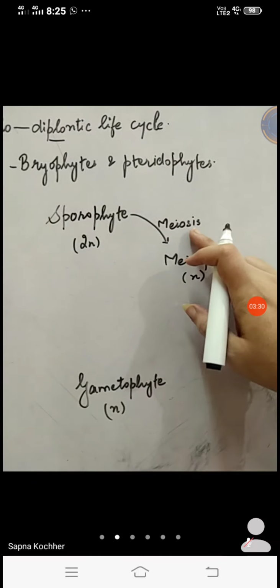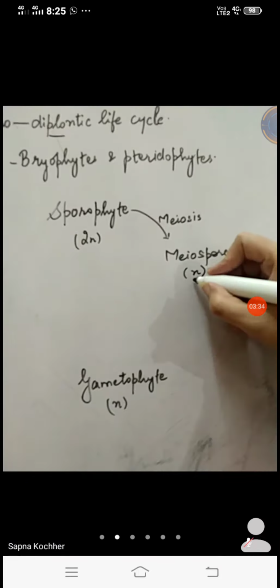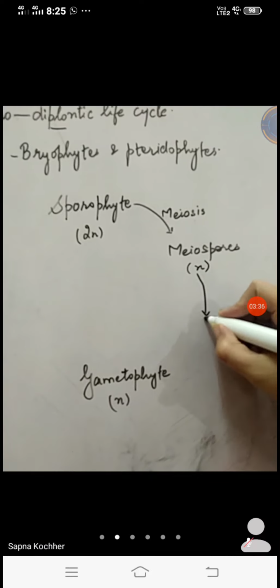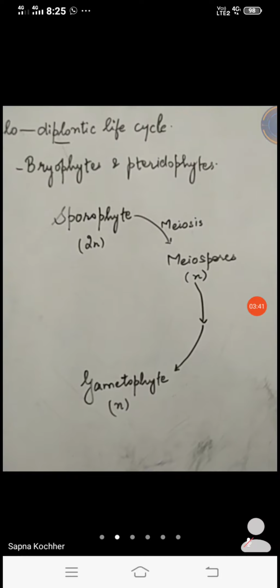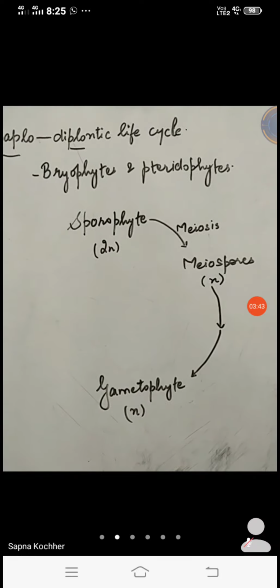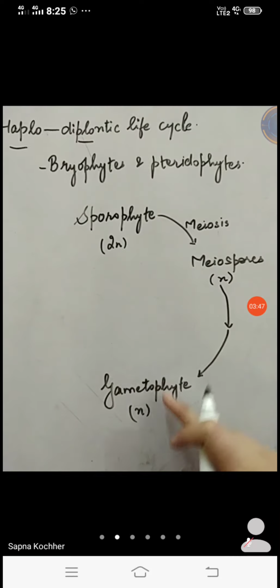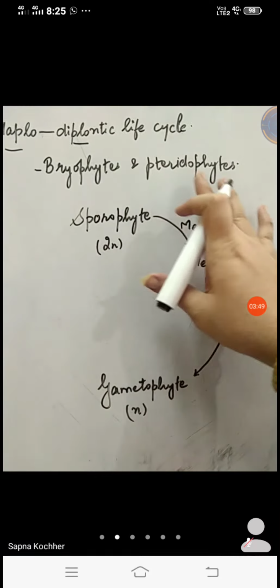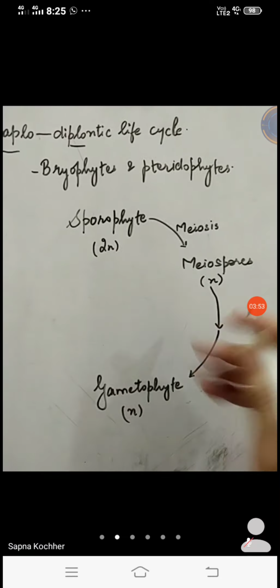Why? Because of the reductional division which has taken place, that is meiosis. So the meiospores will germinate further and develop a new plant body called a gametophyte, right? They both are free living, that is, they are both found as a plant body in the life cycle of the bryophytes and the pteridophytes. We have studied these two existences in much detail, right?